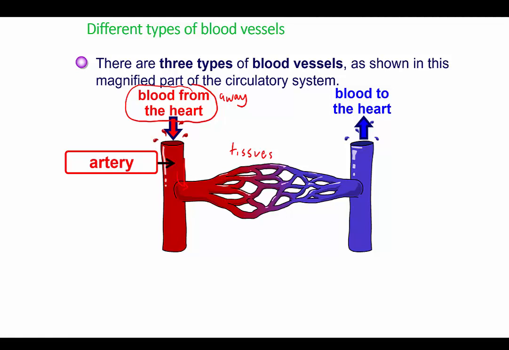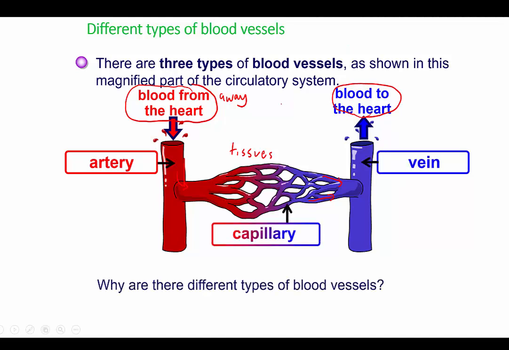They're going to deliver all their oxygen and all their substances to those tissues, and then they're going to send all the waste products and all the deoxygenated blood back in here, and they're going to join up to form veins, and that's going to go back to the heart. So that's how the three are connected.